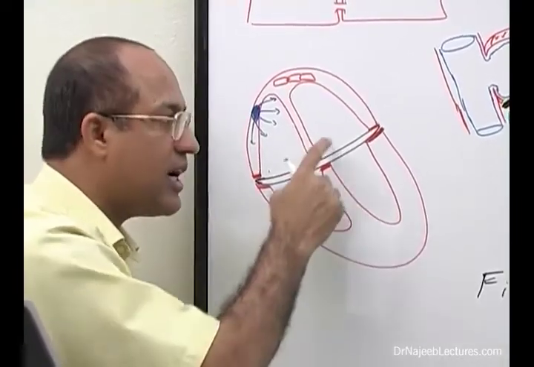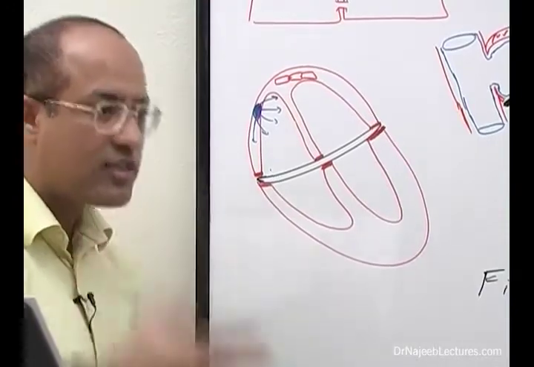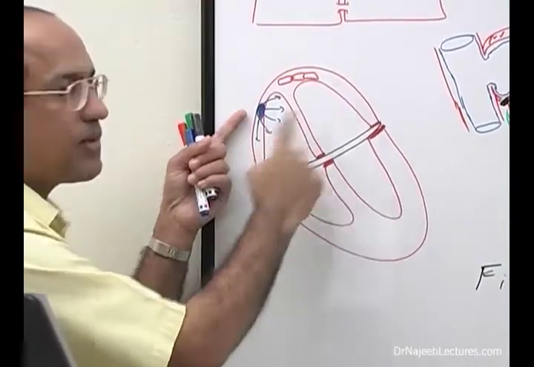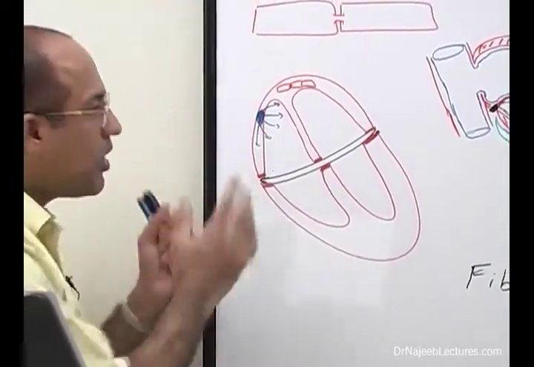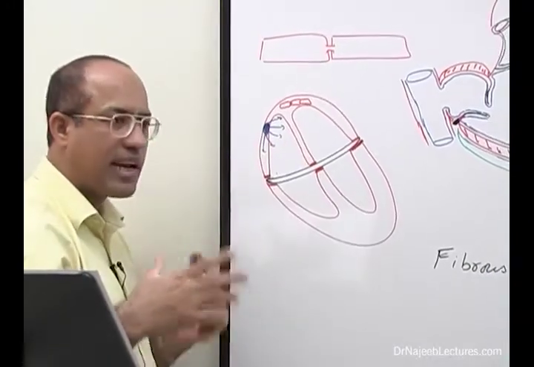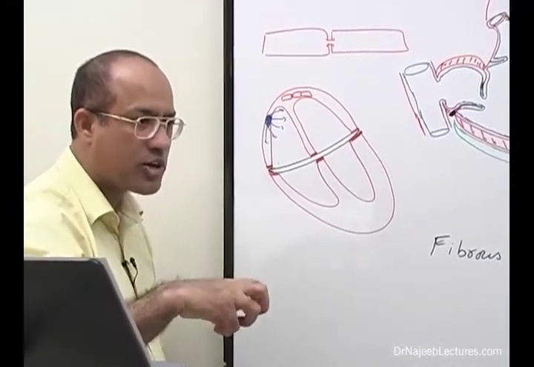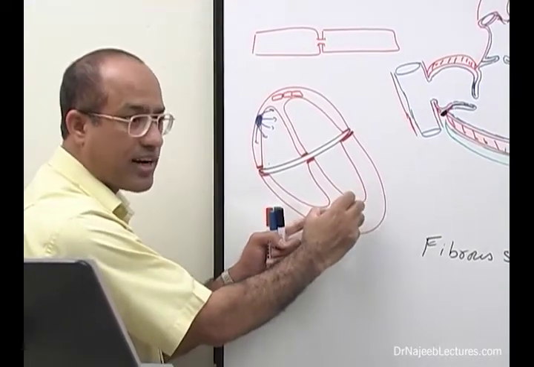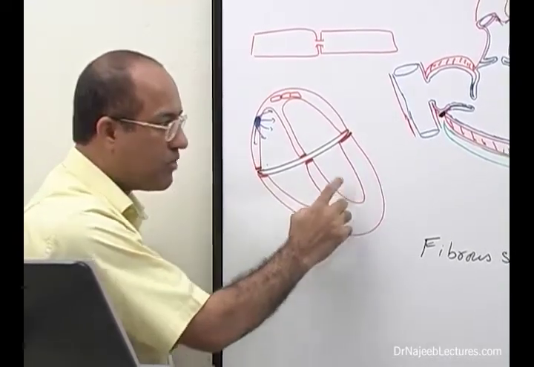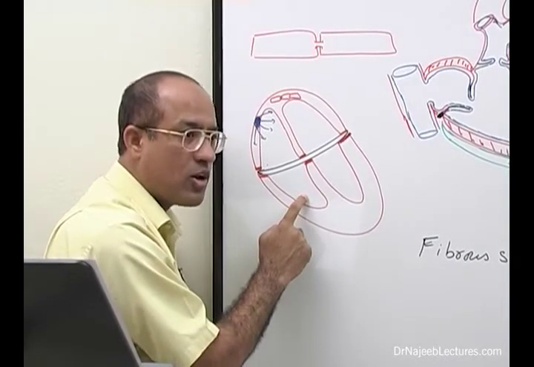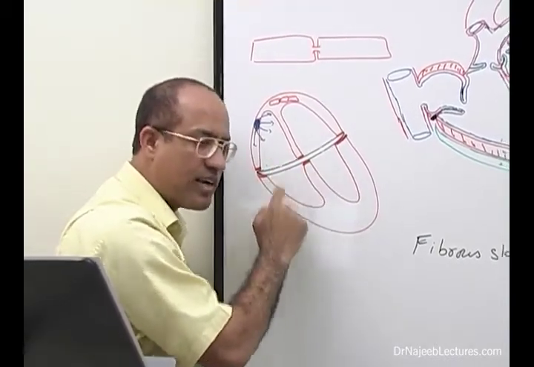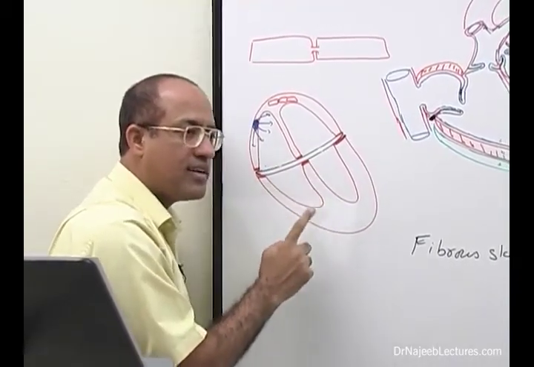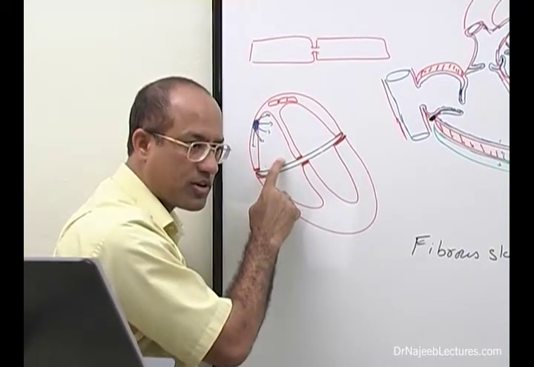The SA node stimulates both atria electrically. Only when both atria have undergone electrical stimulation and mechanical contraction should both ventricles contract. Ventricles should not contract before the atrial contraction, nor simultaneously with it.